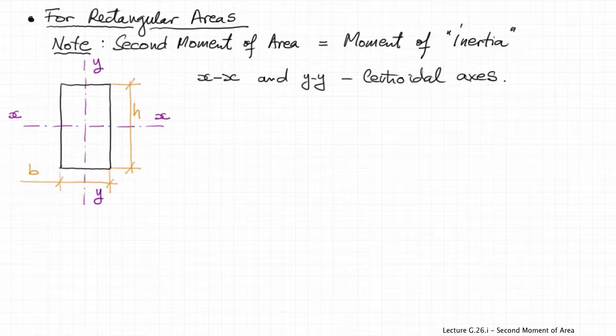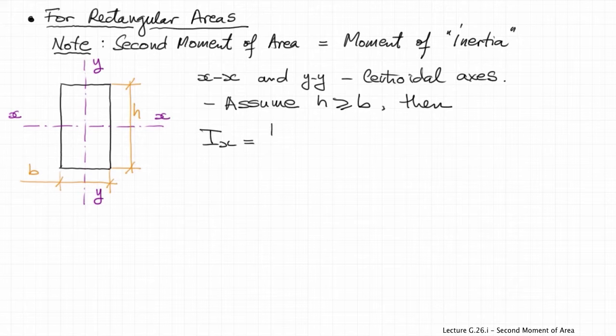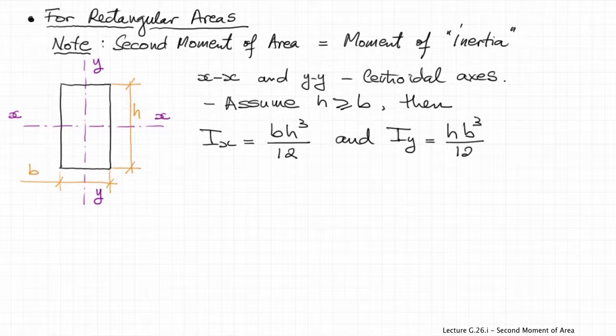Now, if we make the assumption that h is larger or equal to b, then we can calculate Ix as bh cubed divided by 12, right? h is cubed because it's perpendicular to the x-axis, and Iy equals hb cubed divided by 12, b being cubed because it's perpendicular to the y-axis.